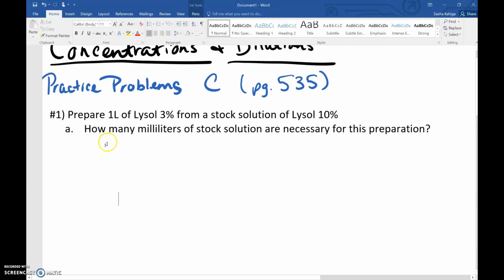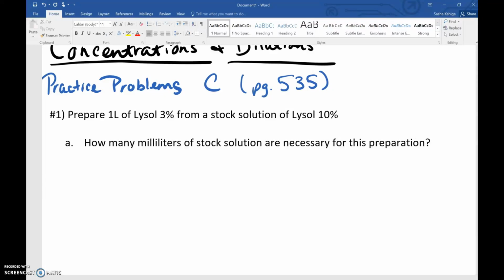In detail, right here, before we get to the question, I want you to identify some information.